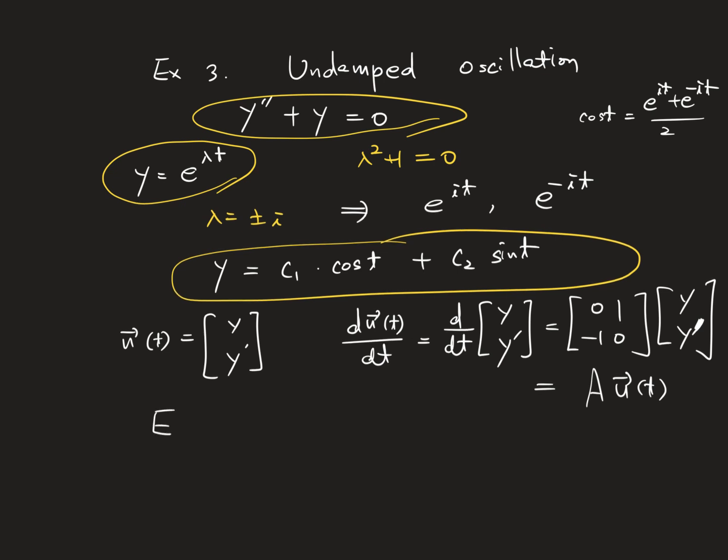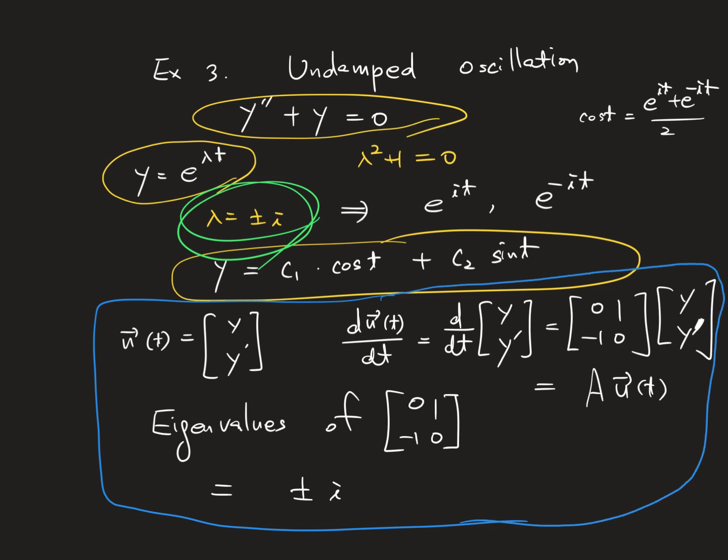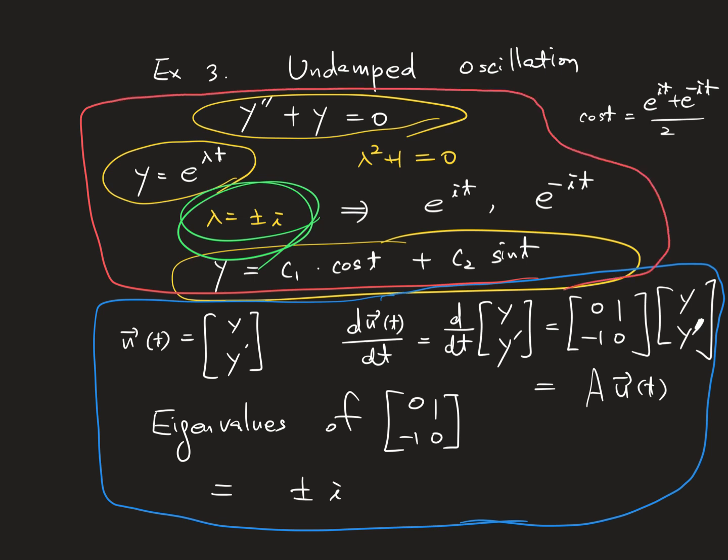We know that the eigenvalues of this matrix [0, 1; -1, 0] are plus or minus i. That's why we have plus or minus i here. So this is the way of using a matrix to solve a differential equation. Maybe you learned the first method in an engineering mathematics course, but we can use linear algebra.